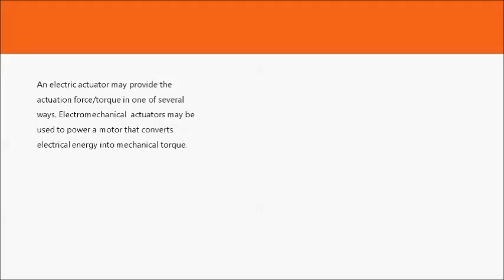An electric actuator may provide the actuation force or torque in several ways. An electromechanical actuator may be used to power a motor that converts electrical energy into mechanical torque. Okay, as I said before, this electrical actuator can provide force or torque in several ways. It is also used like a motor, for mechanical torque.